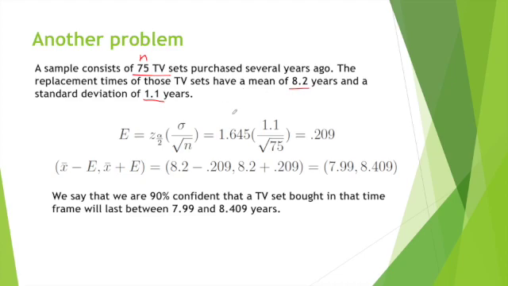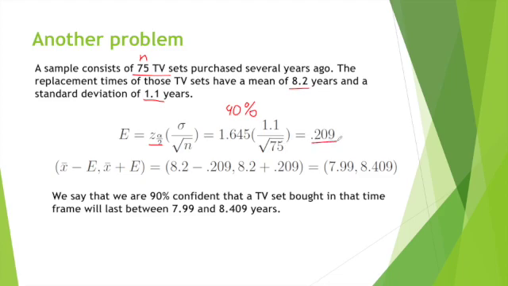This is the z alpha/2 critical value for a 90% confidence interval. We would take 1.645 times 1.1 over the square root of 75. And you see I have a much bigger sample and a much narrower confidence interval, with a much lower z-score. So we would get an error of 0.209.